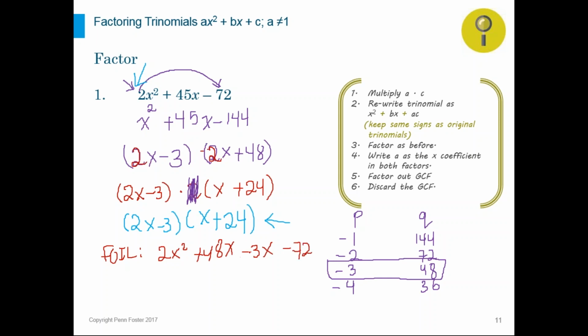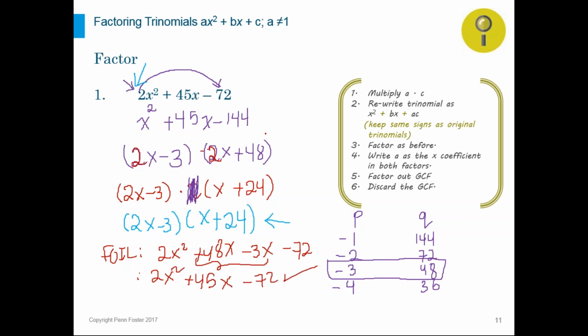Combine like terms. So 2x squared. These two are like terms. If you want to refer to the Unit 1 webinar, we went over how to combine like terms in a polynomial. 48 minus 3 is positive 45x, and then minus 72.